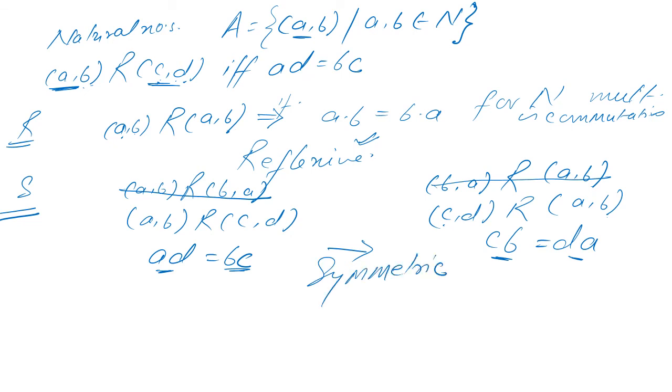Right? For transitivity, I'll need to turn the page. I'll again write the relation over here. (a, b) is related to (c, d) if and only if ad is equal to bc, if a, b, c, d all are natural numbers.